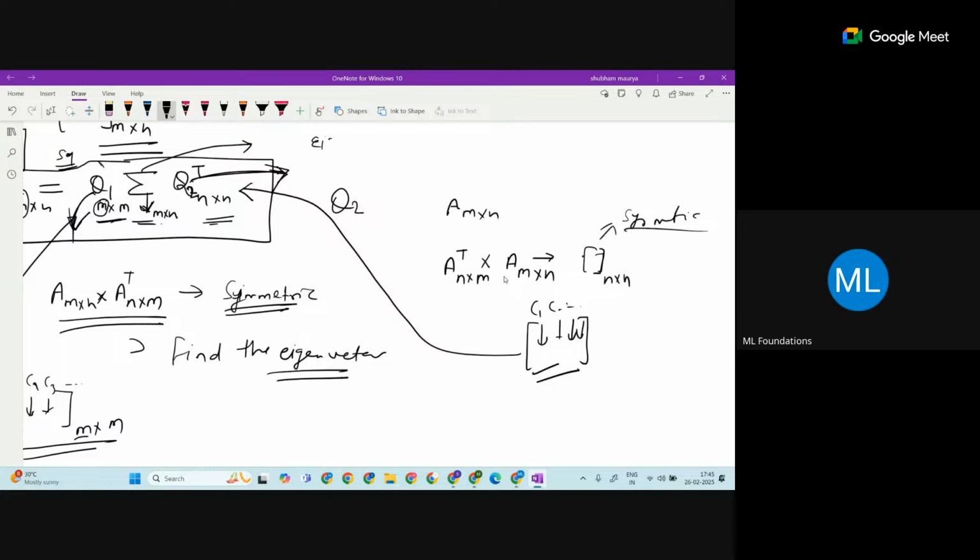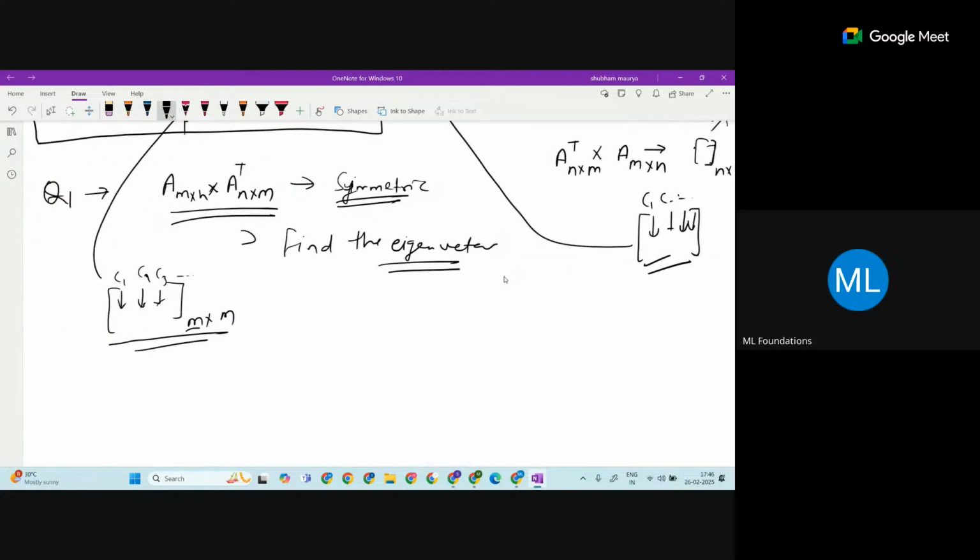Sorry, not eigenvalues of A. Eigenvalues of which matrix?